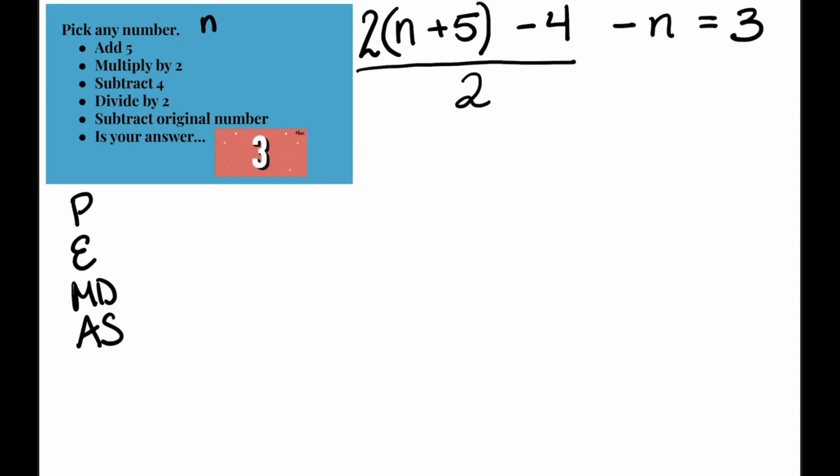And this will equal 3. So this is what we have so far. Our steps are still there. We're still going to start off with a number plus 5. Then we're going to double it. After that, we're going to subtract 4. Then after we do all that, we're going to divide it by 2 and subtract our original number. So it looks, again, very complicated. We're going to simplify it out to show the math behind that.